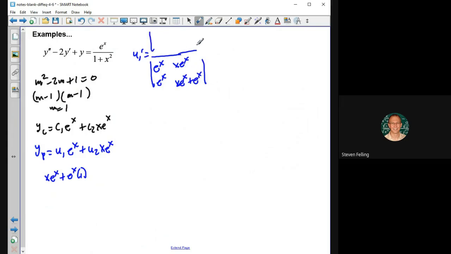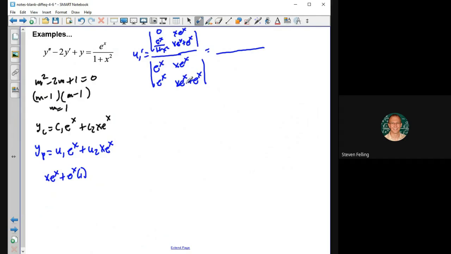And then the same determinant up here, except with the first one replaced with the right-hand side here. So I've got 0 and then e to the x over 1 plus x squared. And then this is still the original x e to the x and x e to the x plus e to the x. Okay. All right, so on the bottom, the Wronskian is this times this.